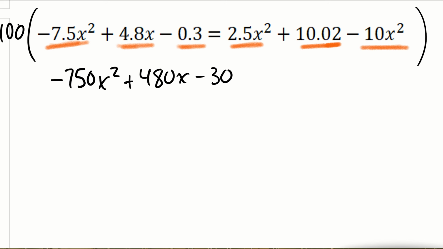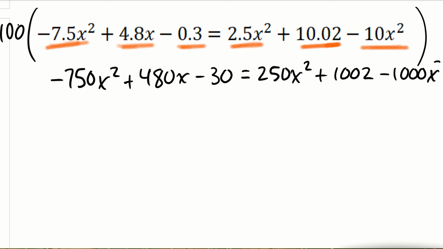It's easy because I'm just moving my decimal place 2 places to the right. Let's do the same thing on the right hand side. Multiply by 100. This becomes 250 x squared plus 1002, minus 1000 x squared.